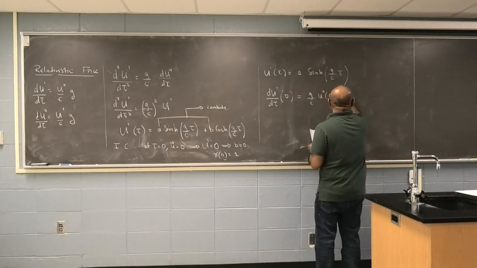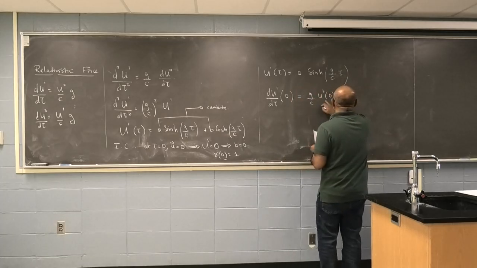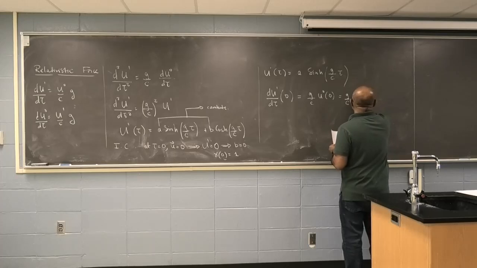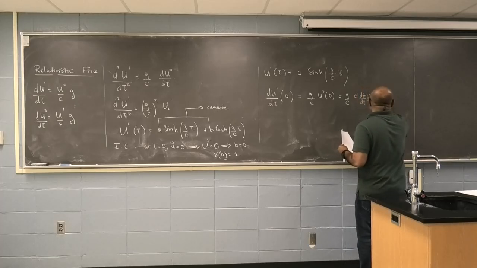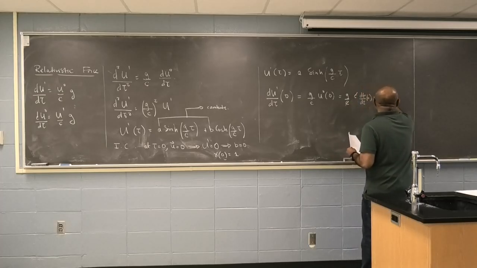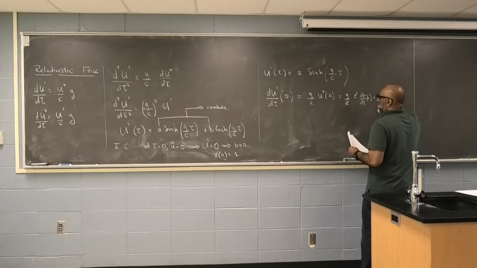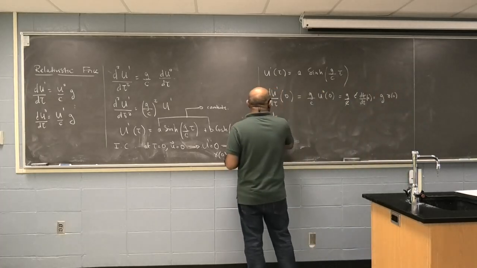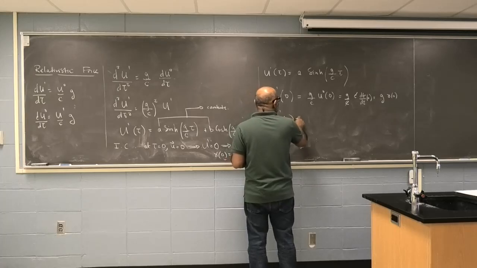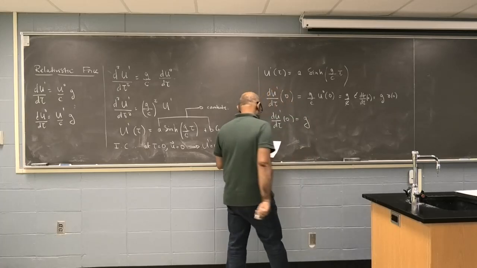But u0 is nothing more than c dt/dtau, evaluated at 0. The c's will cancel. This is gamma 0, and that's 1. So I would get du1/dtau of 0 equals g.